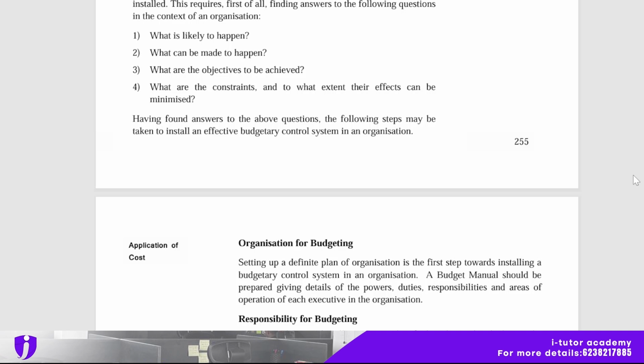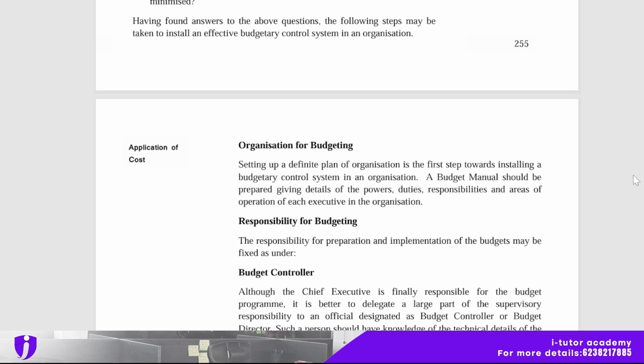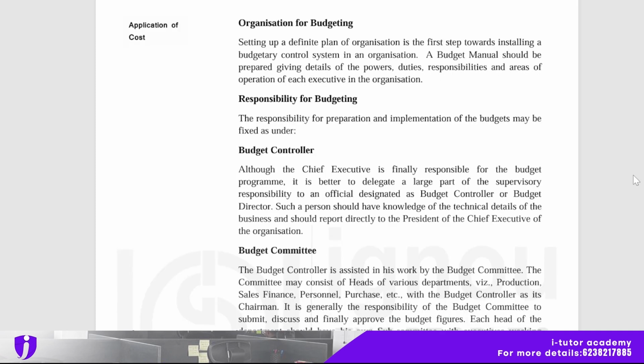Having found answers to the above questions, the following steps may be taken to install an effective budgetary control system in an organization. Organization for budgeting. Setting up a definite plan of organization is the first step towards installing a budgetary control system in an organization. A budget manual should be prepared giving details of the powers, duties, responsibilities, and areas of operation of each executive in the organization.